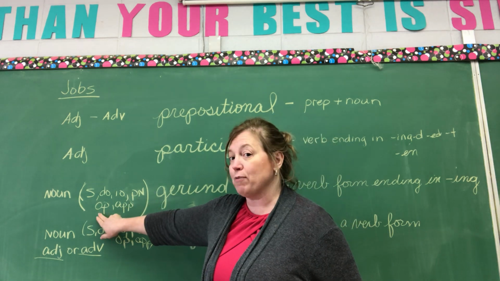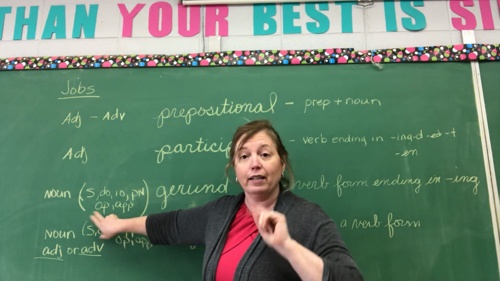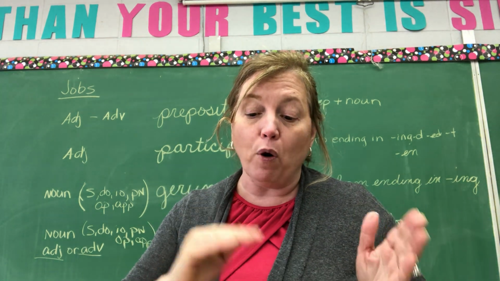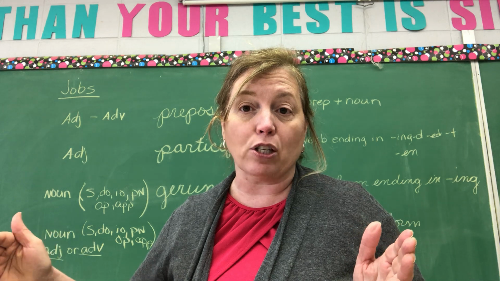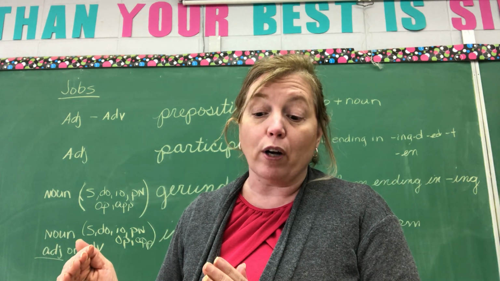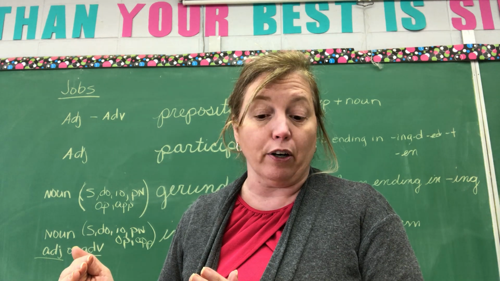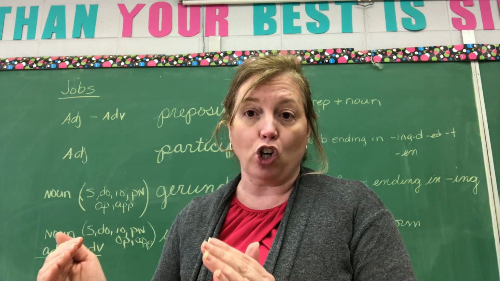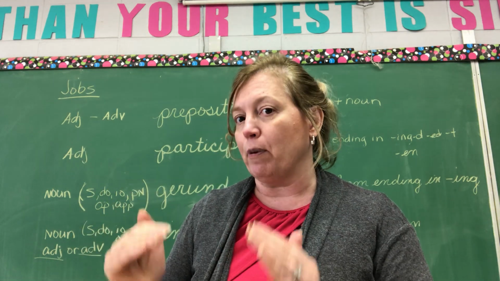No. What about an object of a preposition? Aha, yes it is, because the word right in front of it is the word for. So, for crunching numbers and making work faster is a prepositional phrase. All of the words crunching numbers and making work faster and easier is a gerund phrase whose job is to be the object of the preposition.